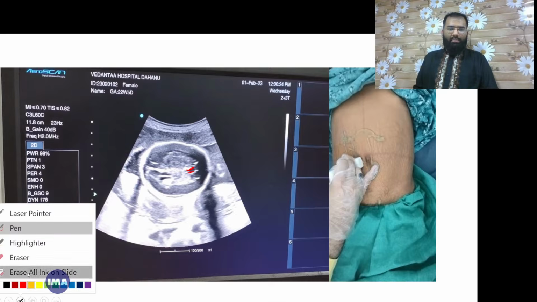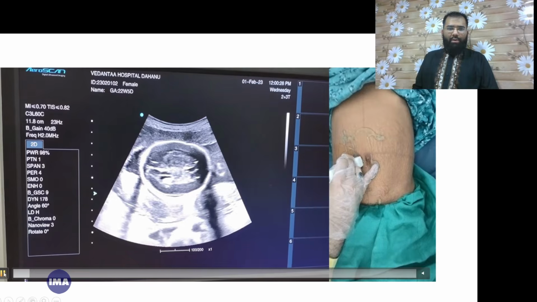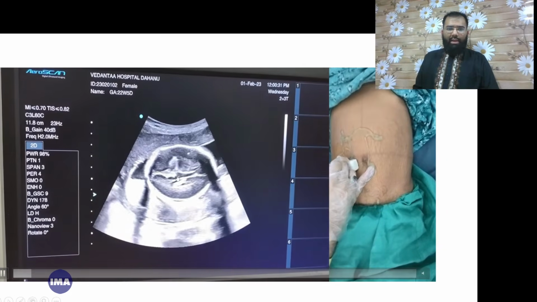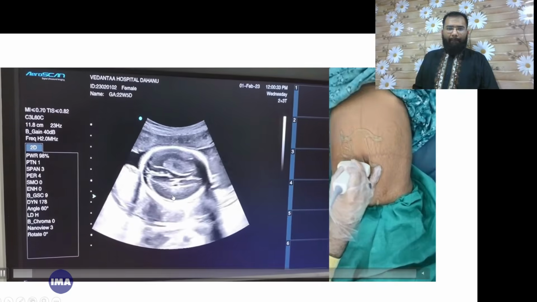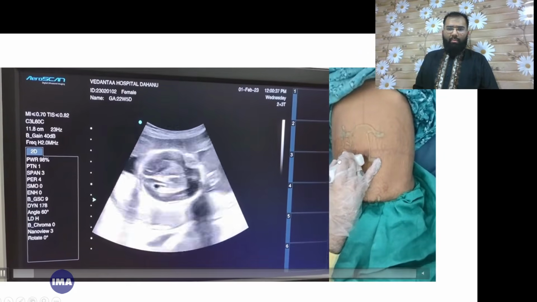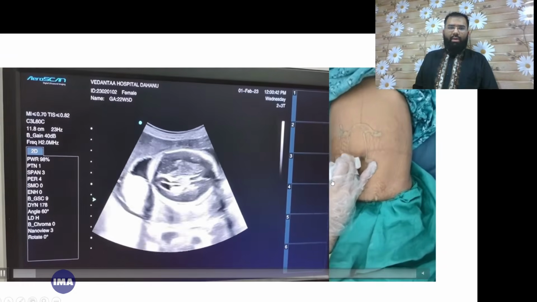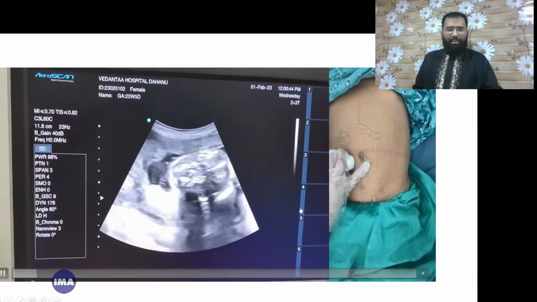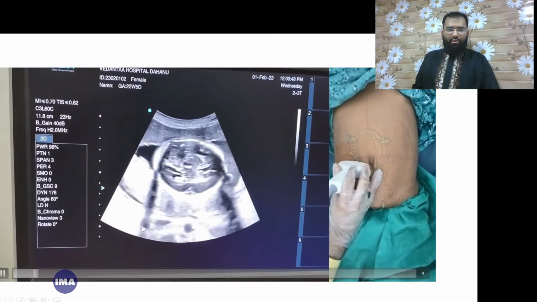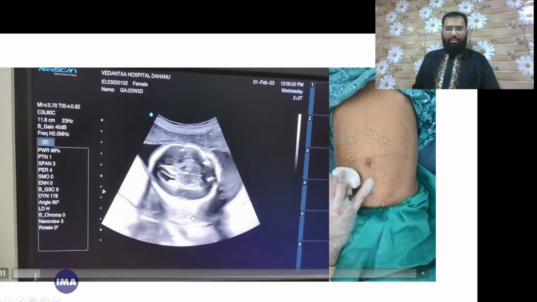Now looking ahead, these are the two thalami which we are able to see. Now look at the probe, look how we are moving through and panning along the head of the fetus. This is how we need to obtain the section for BPD.